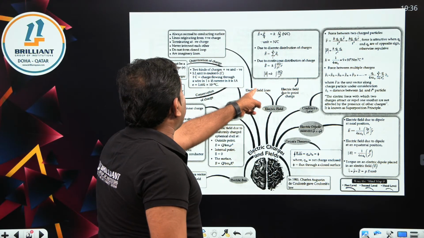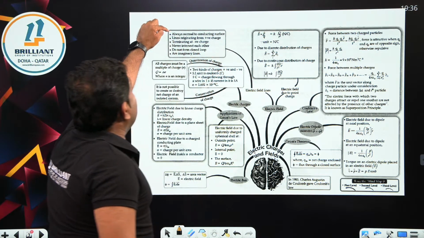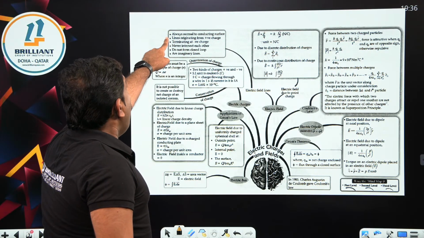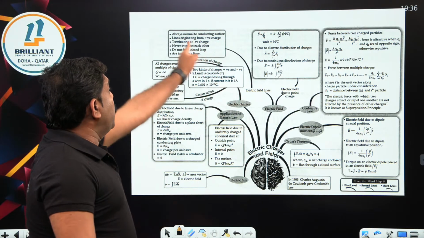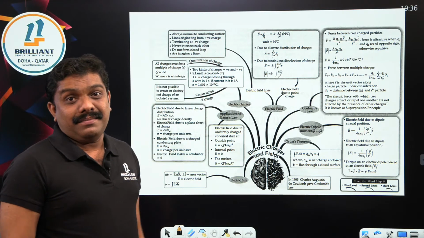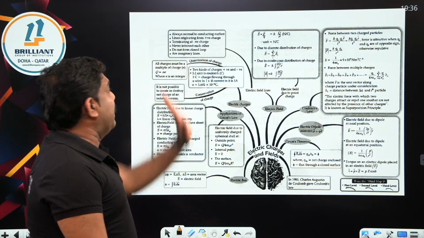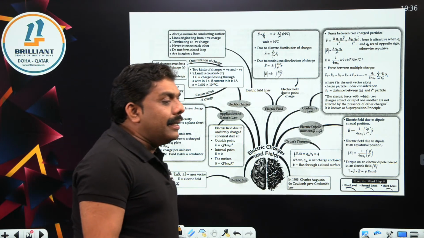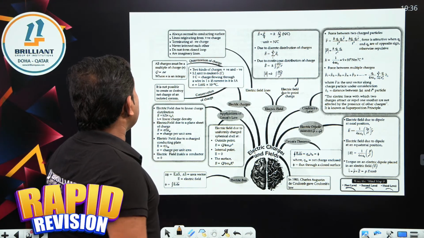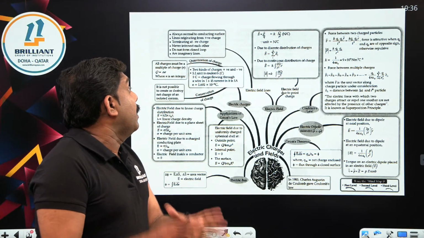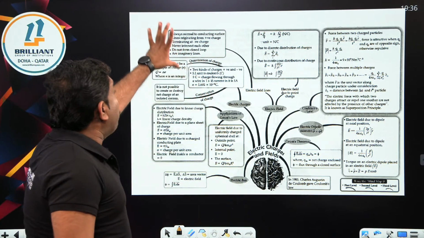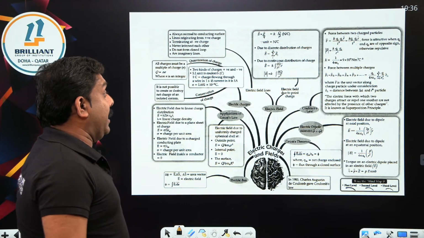Electric field line properties: always normal to the conducting surface, originating from positive charge, terminating at negative charge, never intersect each other, do not form closed loops, and are imaginary lines. So these are the properties of electric field lines.